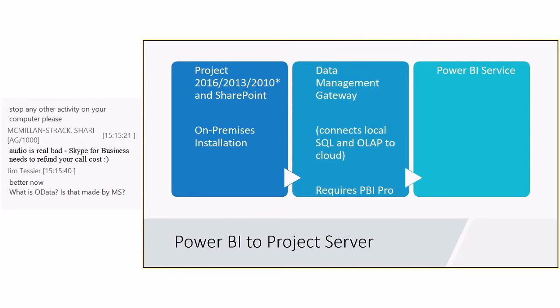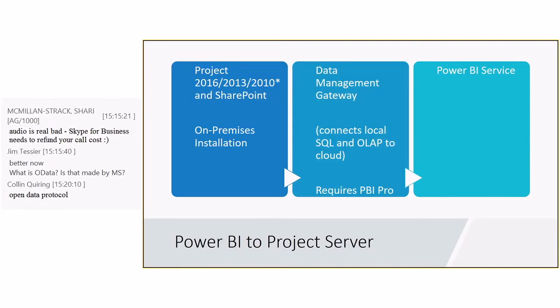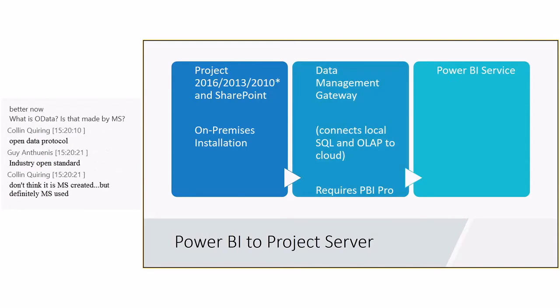This gives you the ability to determine which users have access to which data sources. It gives you auditing, and it gives you a lot of functionality around just managing who is accessing what. And through it, you can connect to local SQL, and you can connect to local OLAP databases.